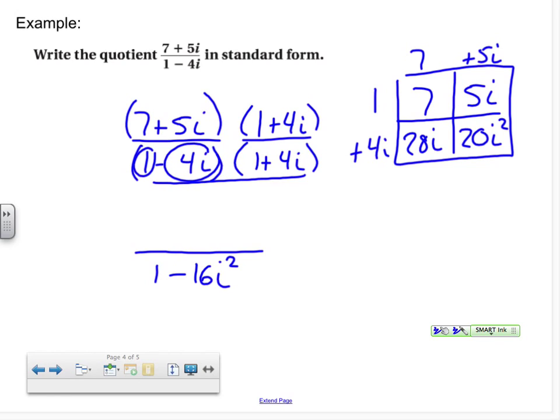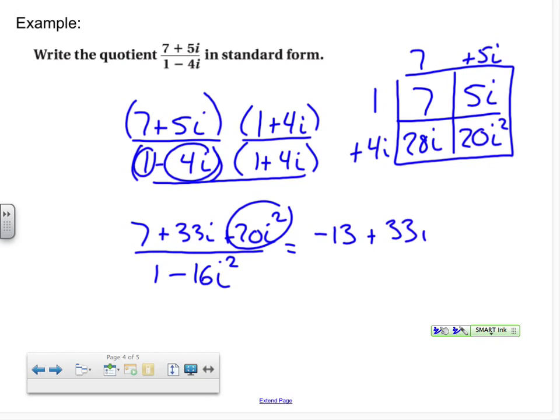As we clean this up, we got 7 plus 28 and 5 is 33i plus 20i squared. Now remember, i is not a variable. It means the square root of negative 1. So that means i squared means negative 1. So as we fix this up, this is negative 20, because i squared is negative 1. 7 minus 20 is negative 13 plus 33i.